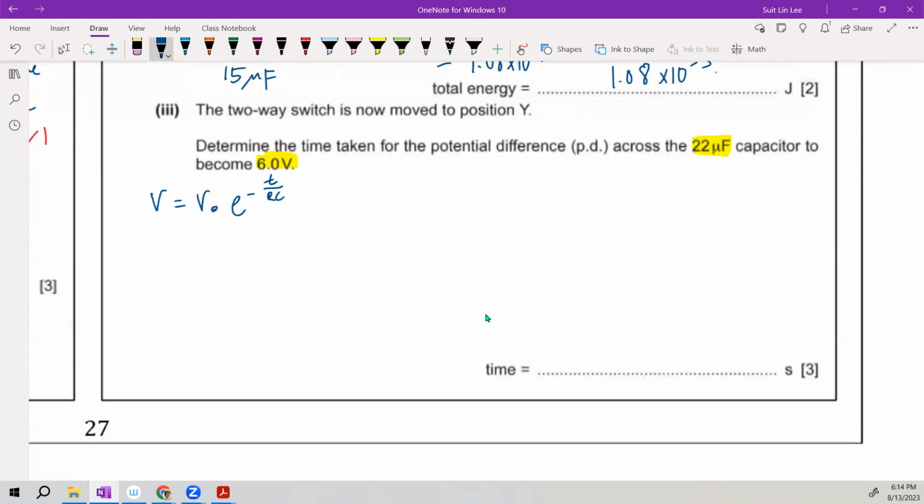If you decided to put 6 here, which is fine, I gotta know what is the V naught, what is the initial voltage across the 22 microfarad capacitor.